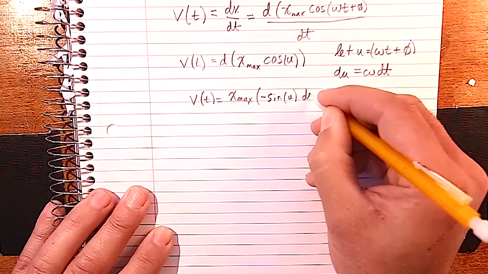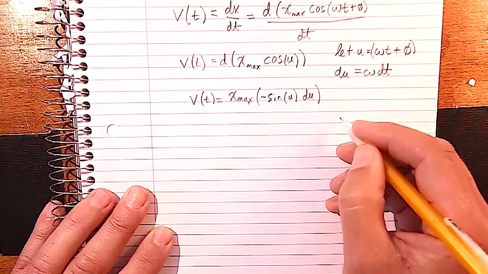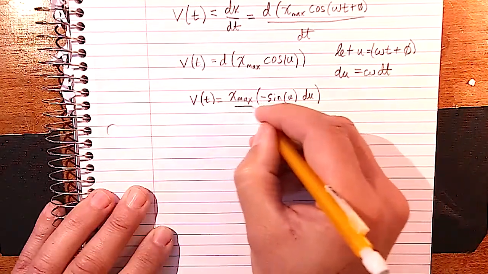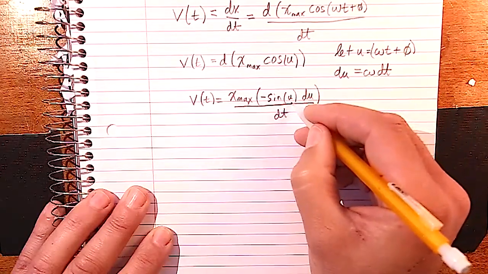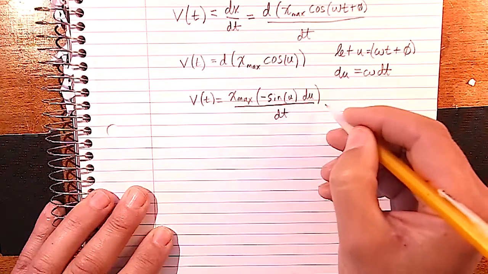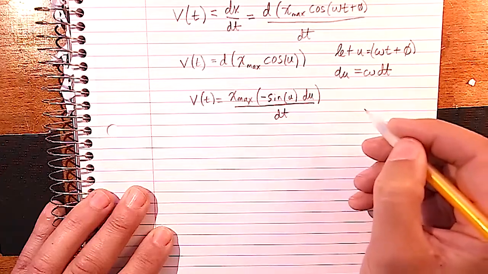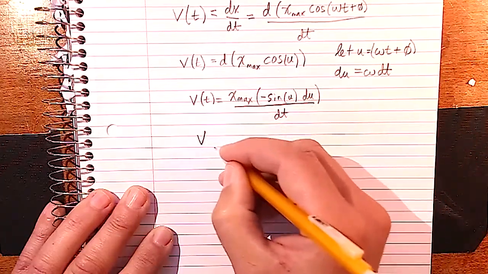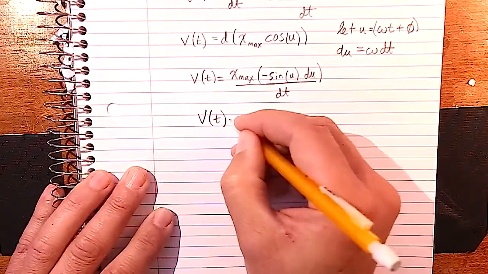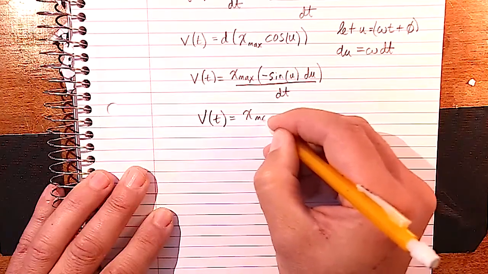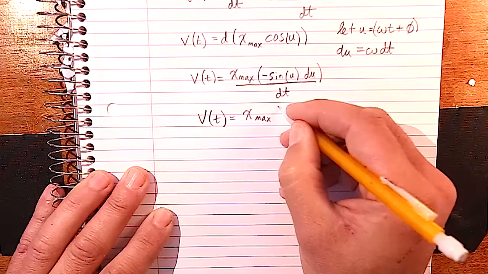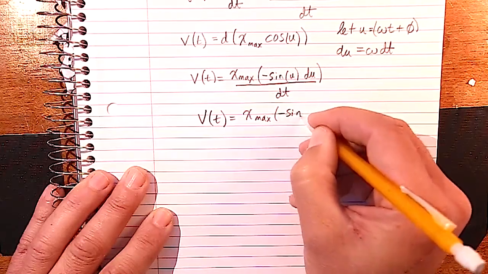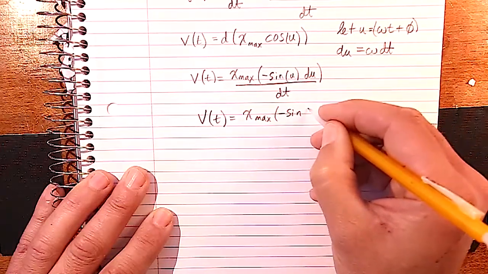But that is du. And we need to sub back in, and this is all over dt. So our let u, we know, is omega t plus phi, and we know that our du is omega dt. So subbing that in, that gives us x max times negative sine of u, but now what's u?